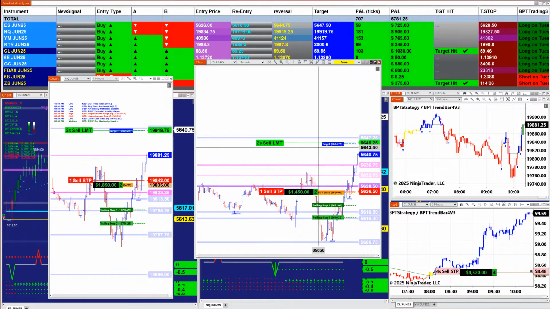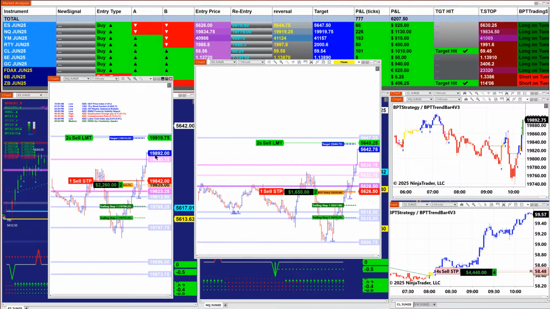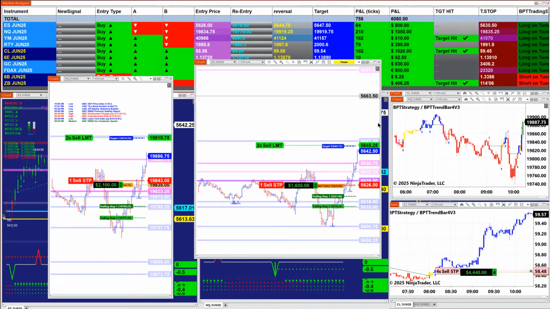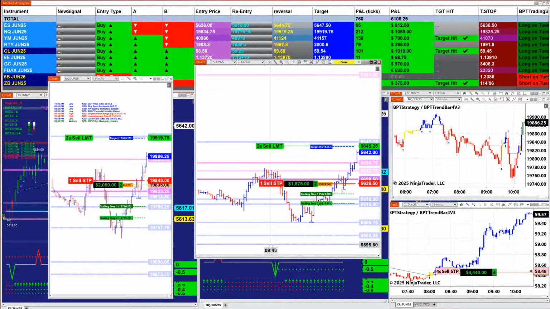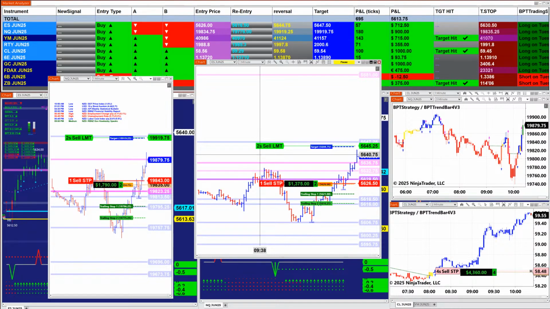So the ES is estimated at 56.54, and the Nasdaq is right below the fib line at 19,919. Now, if the market is trending, the auto trade by itself is going to extend the target. If the market is really trending, the auto trade will extend it. And if it's not trending very well, it will stay on the same number. If we watch it, you can see it yourself.